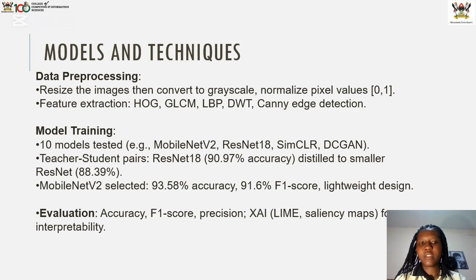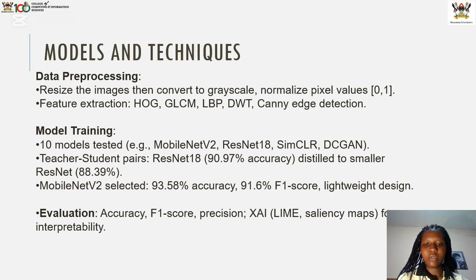Yes, for the images that we got from this dataset, we preprocessed them. That included resizing them, converting them to a certain scale, and normalizing the pixel values. So we extracted features. That was for the EDA analysis. Then we trained 10 models based on what we had before.